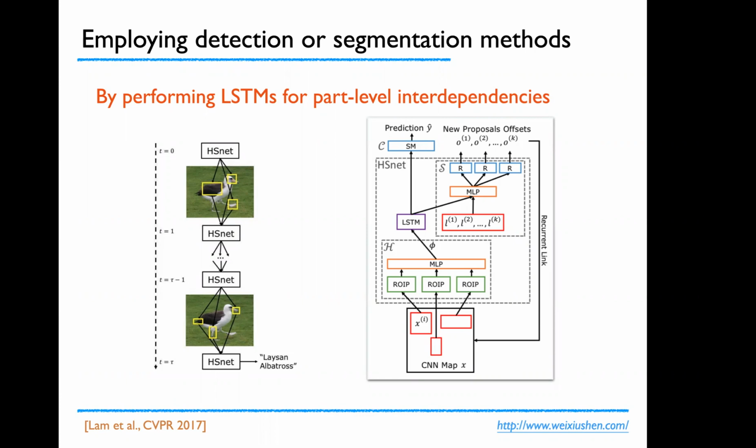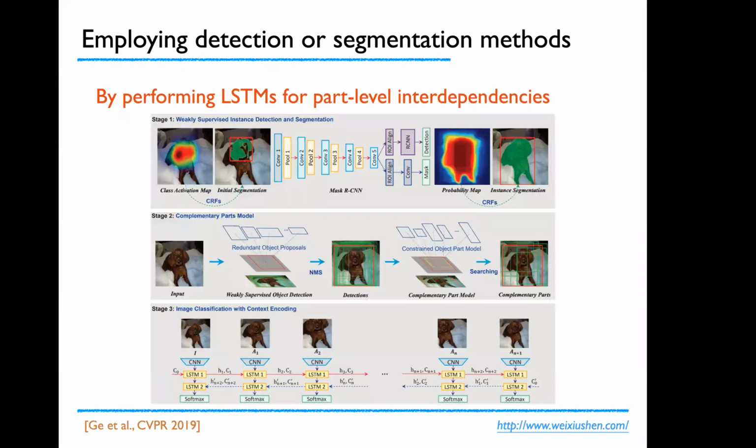As we all know, the LSTM can capture the sequential information. Similarly, Ge et al. also perform LSTM to fuse and encode the partial information of these complementary parts into a comprehensive feature in a bottom-up way.